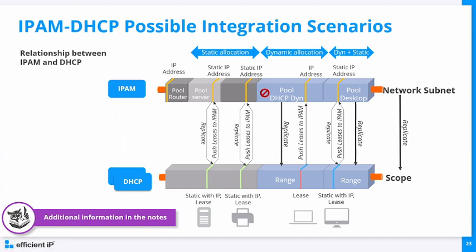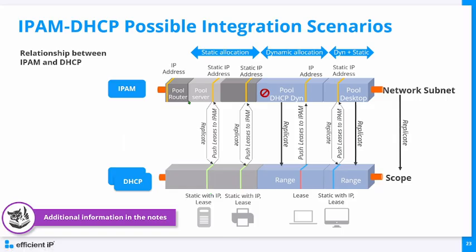So you can create a pool in IPAM that is not replicated to DHCP. Using that pool, you can also assign a static IP from the pool. You take one of the IP addresses in the server pool and assign a static IP, and the static IP will be created in DHCP under the scope.